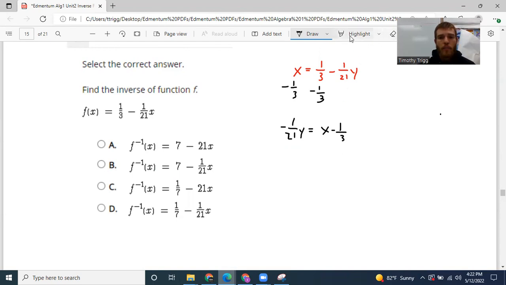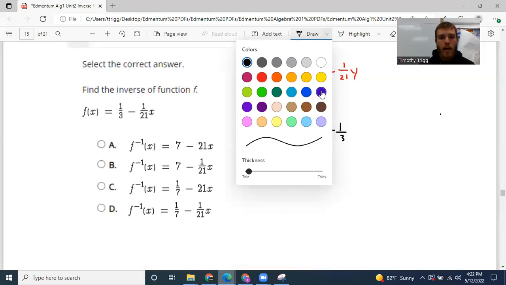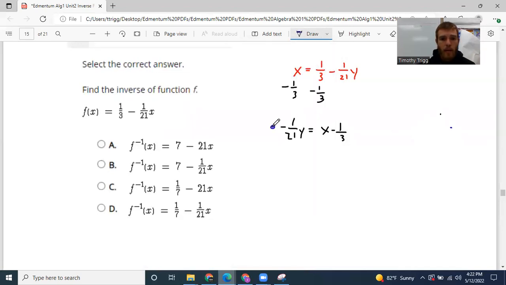Now what we want to do is multiply both sides by -21. That way the negative times negative comes positive, and the 21 cancels with this 21. The reason that works is because this is 1 divided by 21, and this is multiplied by 21.